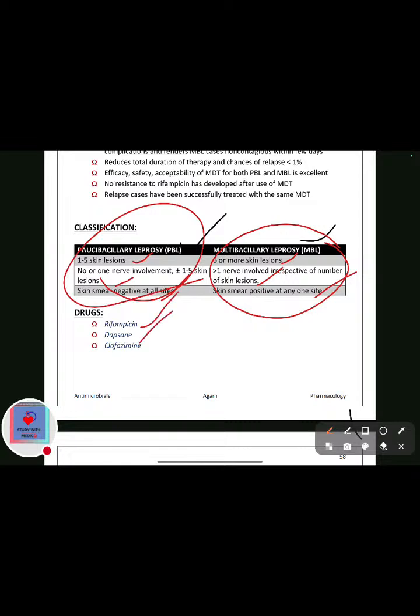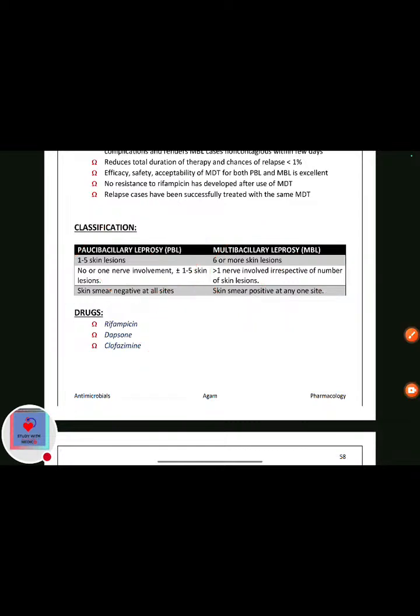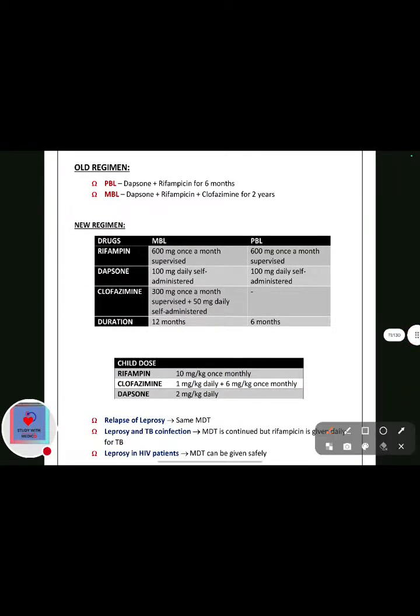Drugs: rifampicin, dapsone, clofazimine. Talking about the old regimen, in the old regimen only dapsone and rifampicin were given, for 6 months. For paucibacillary, they used to give only two drugs. But now it is changed.